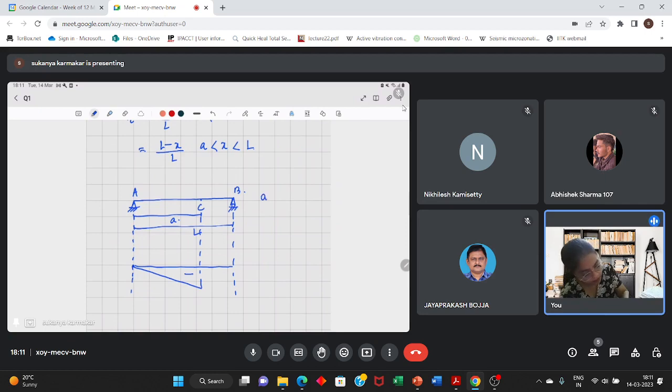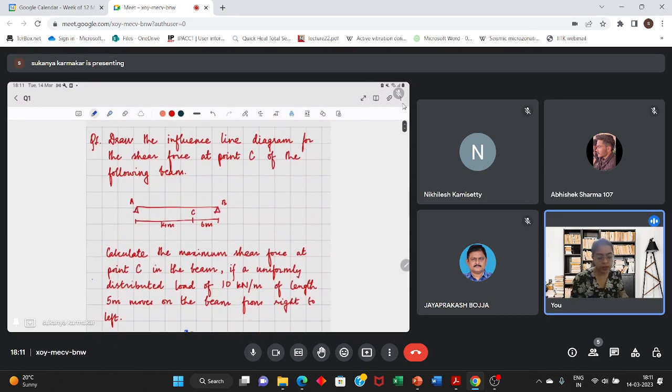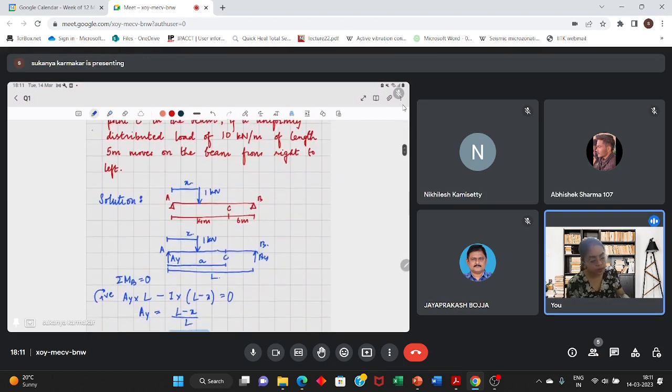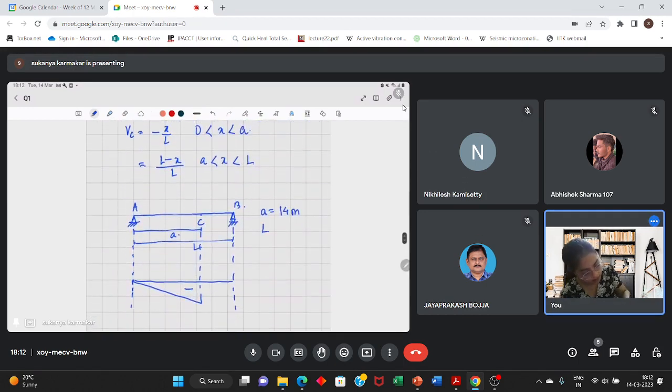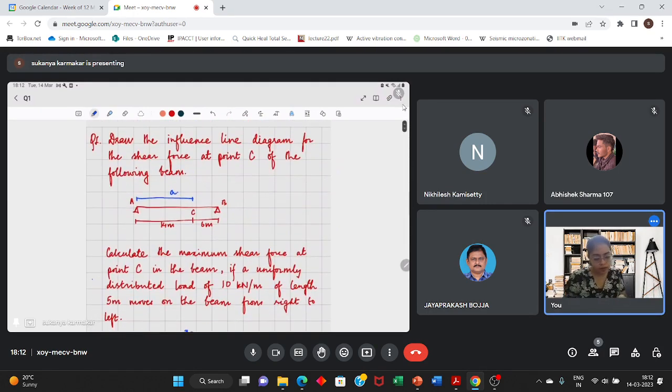And here A is equal to 14 meters. See, in this question, this is what I'm referring to as A. So A is 14 meters. And L, total length of the beam, is 20 meters, because what is this total length?